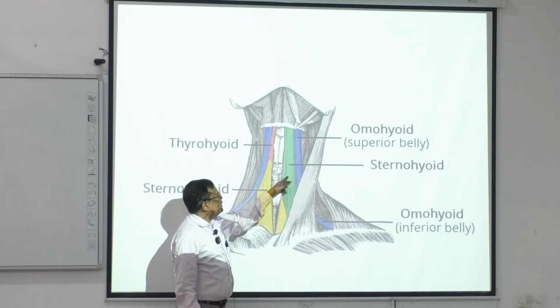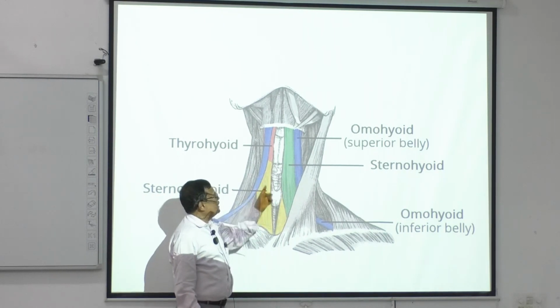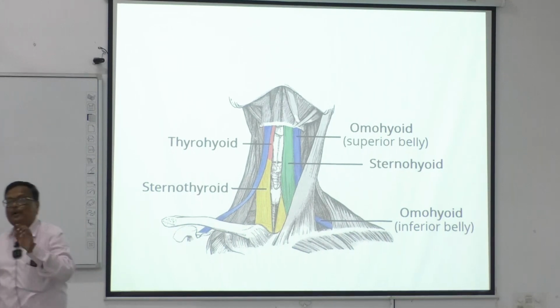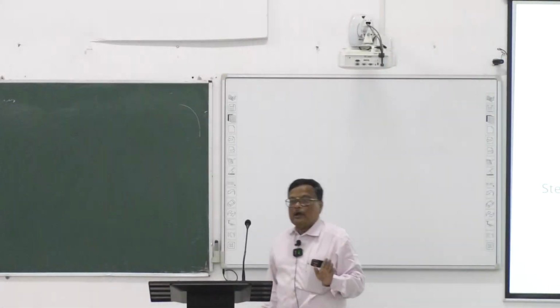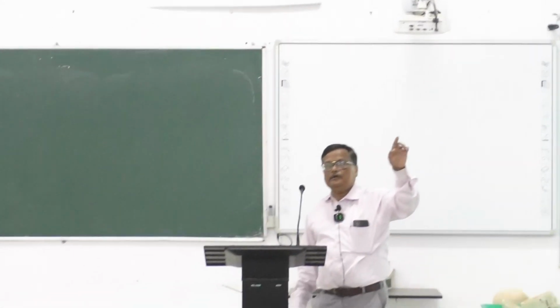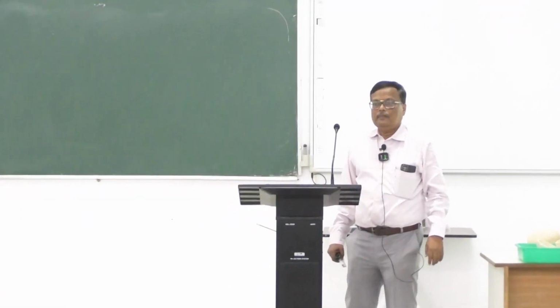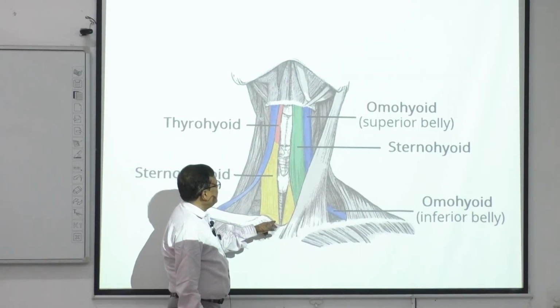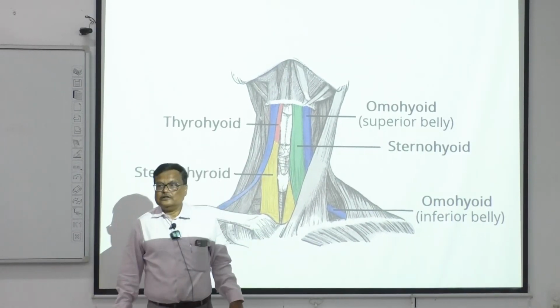When you cut the sternohyoid muscle, you will find the sternothyroid muscle. So the sternothyroid muscle is deeper, because it passes over the thyroid cartilage to attach to the hyoid bone, and it takes origin from the manubrium sterni and attaches to the thyroid cartilage.